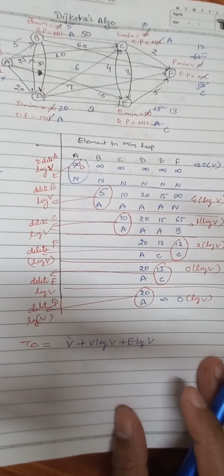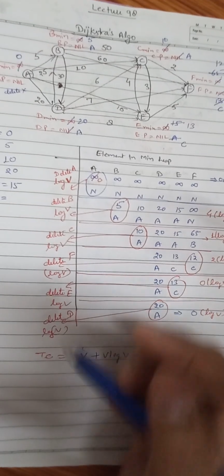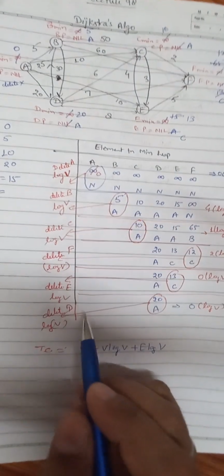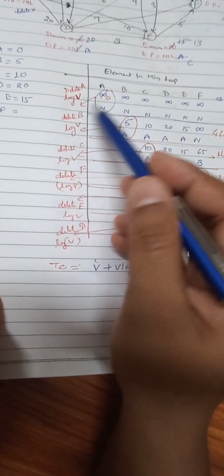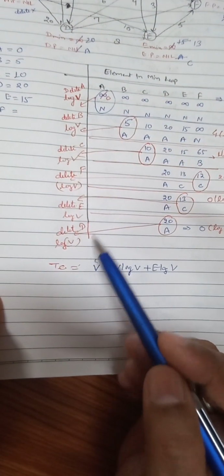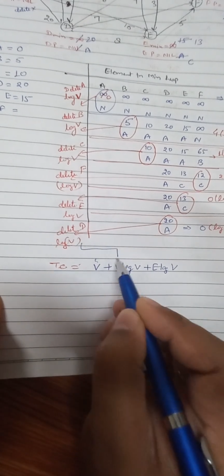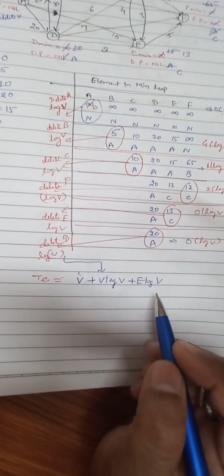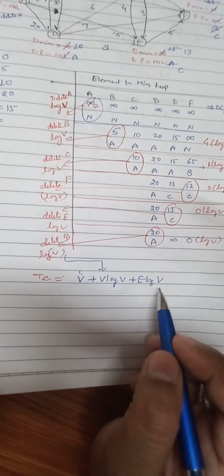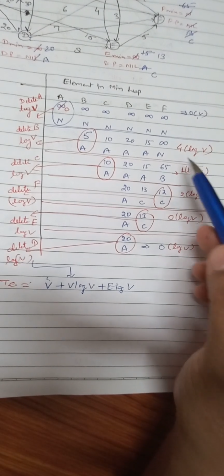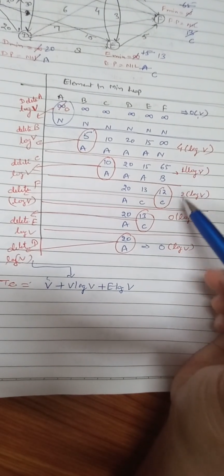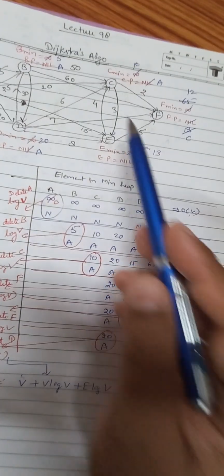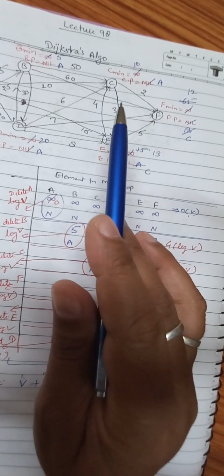How? How many edges are there? These many edges, with log V time comparison. So from here, how many edges are there, into log V. So this is from the left hand side, right? Plus E log V means how many changes we are doing, how many edges are connected, how many changes are occurring in the graph. It is based on how many edges are connected and with less cost.